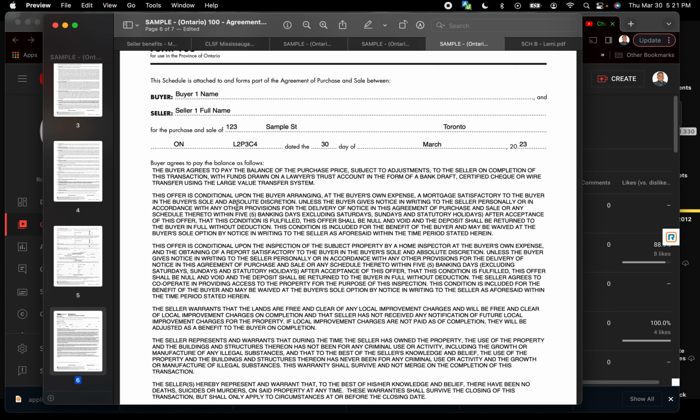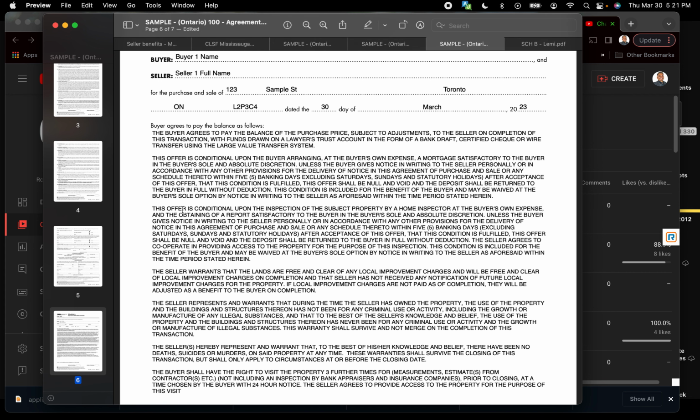If the financing does get approved, we will give them a notice of fulfillment, which is a document that says we are fulfilling this condition and moving forward, knowing that we'll be receiving mortgage financing for this place.